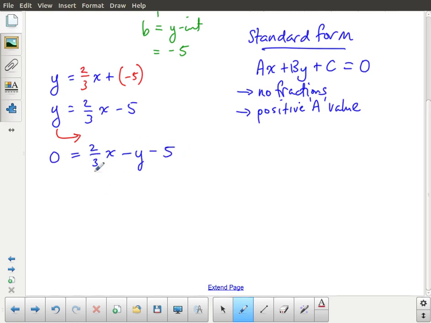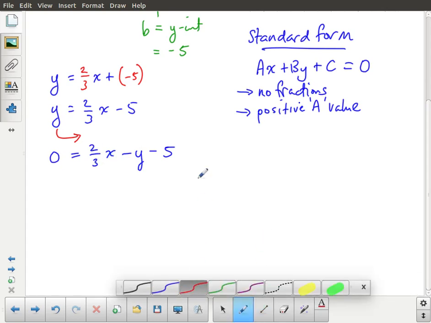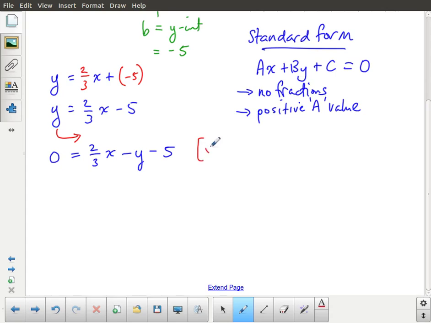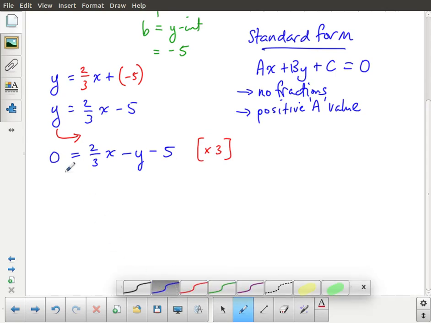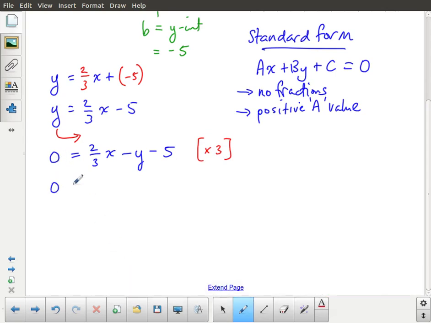Now in order to get rid of this fraction, I've only got the one fraction, and that's over 3. So the easiest way to get rid of a fraction is we're just going to multiply everything by the denominator of that fraction. So I'm going to multiply everything by 3. And so 3 times 0 remains 0. 3 times 2/3, well, the 3's will divide out with each other, becoming 1.